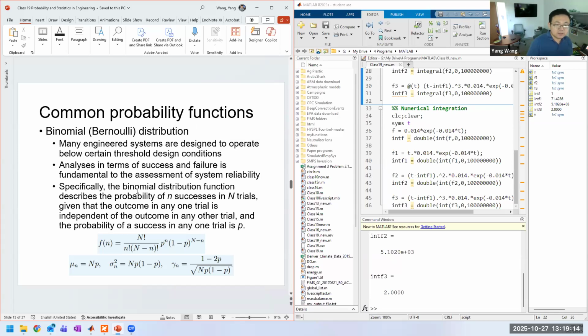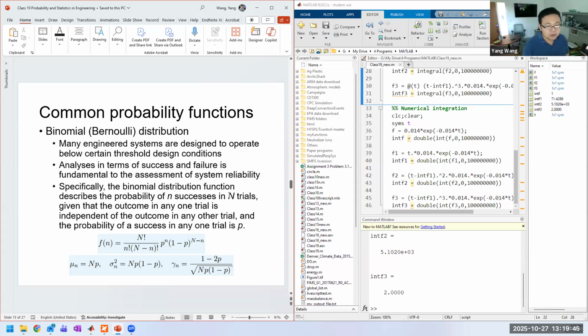Specifically, the binomial distribution function describes the probability of the system having n successes in a capital N number of trials. For example, you could have 10 trials, let's say 10 years. The system works in, let's say, 5 years, or the system breaks down in 5 years or in 2 years, given that the outcome in any one trial is independent of the outcome in any other trial.